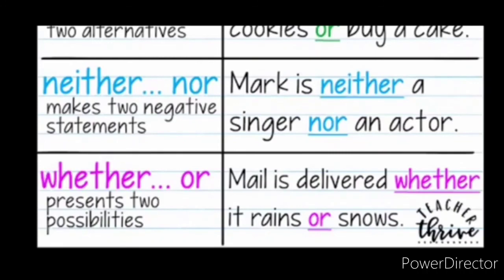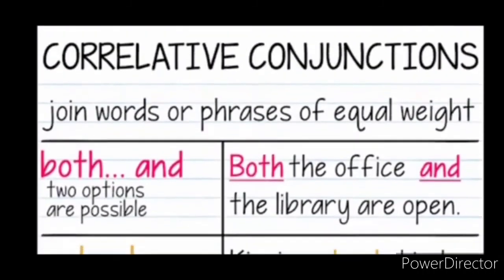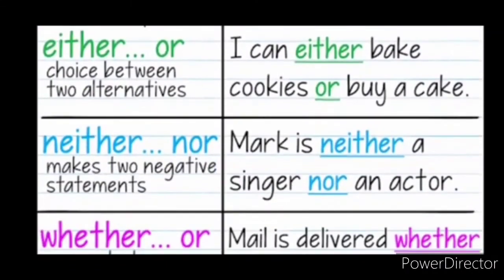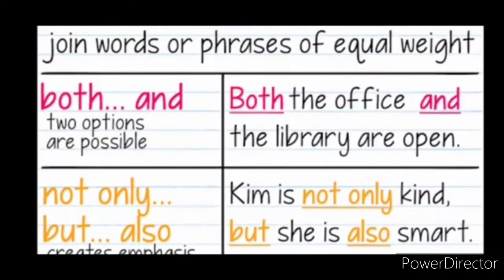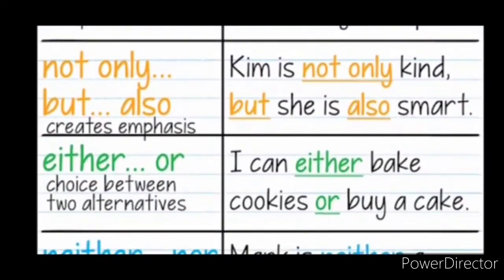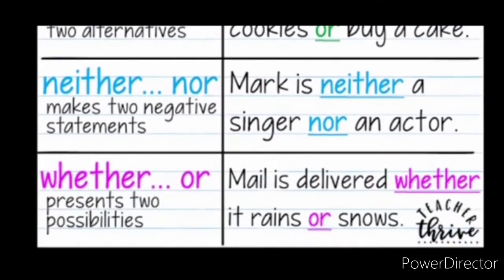So these are the correlative conjunctions we have seen so far. Both and shows that two options are possible. Not only but also creates emphasis. Either or is a choice between two alternatives in the positive. Neither nor makes two negative statements. And the final, whether or presents two possibilities.